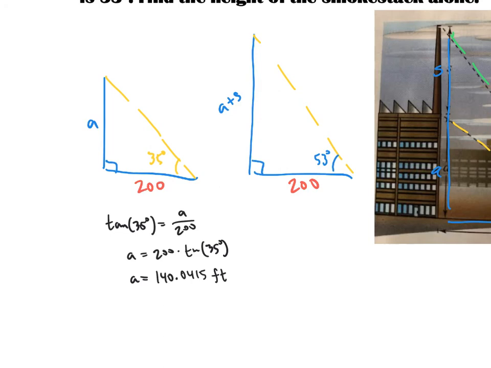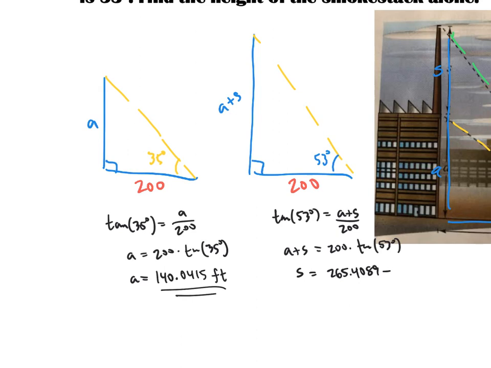Okay, now let's find A plus S. So the tangent of 53 is equal to A plus S over 200. So A plus S is equal to 200 times the tangent of 53. 200 times tan 53. And then I'm going to subtract A. So I'm going to take my answer here, which is 265.4089, and subtract this value for A. Okay, and I screwed something up there.